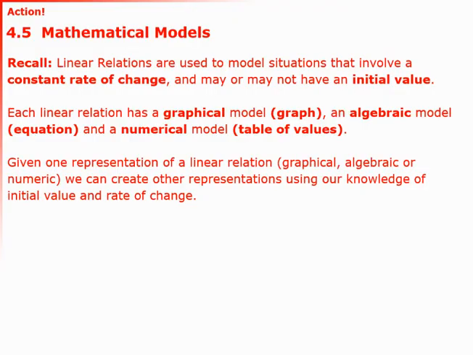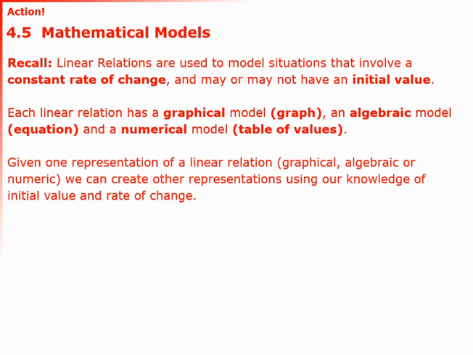So here we go. Recall linear relations are used to model situations that involve a constant rate of change, our slope, and may or may not have an initial value. Each linear relation has a graphical model, as in a graph, an algebraic model, as in an equation, and a numeric model, as in a table of values.